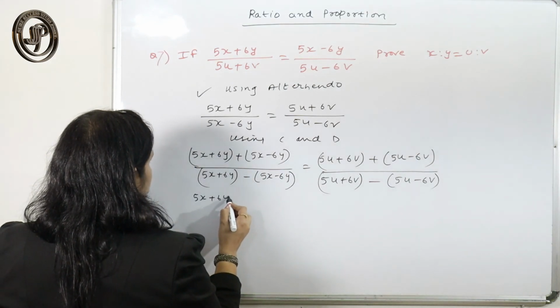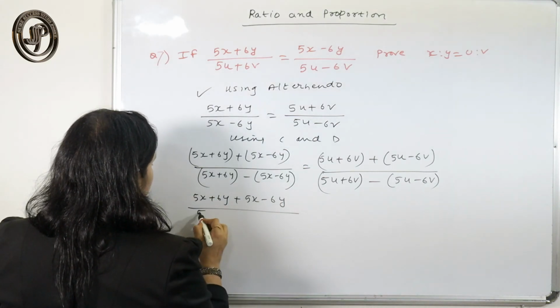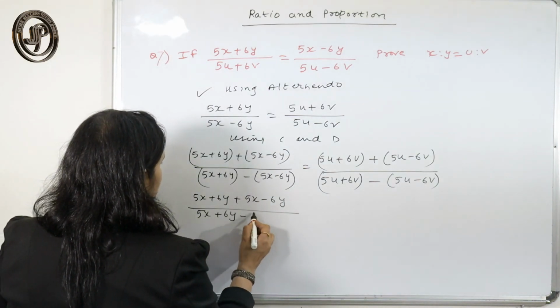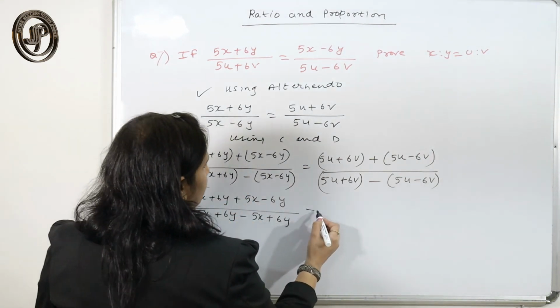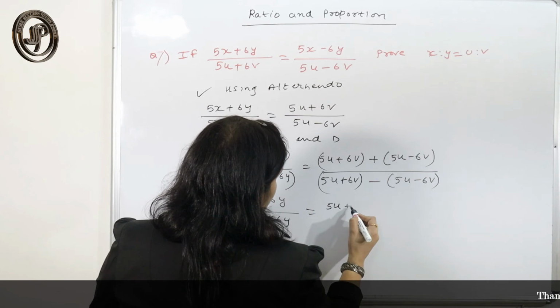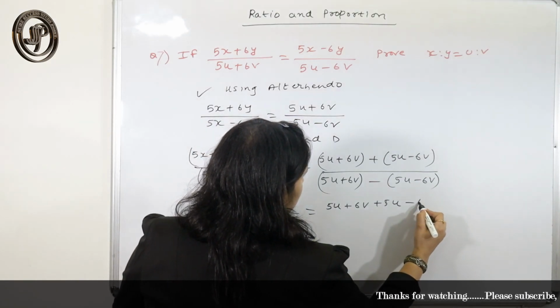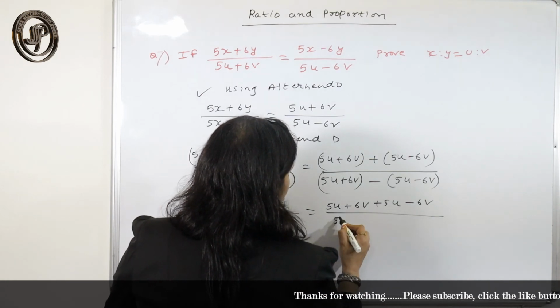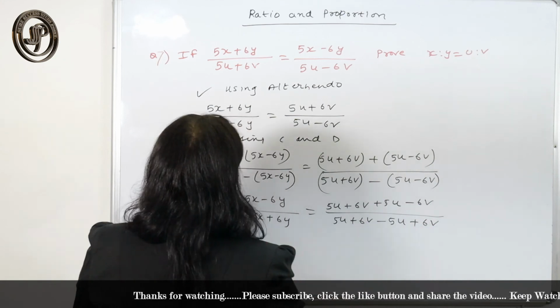Now it is 5x plus 6y, 5x minus 6y, 5x plus 6y plus 6y, sign changes, minus 5u plus 6v.